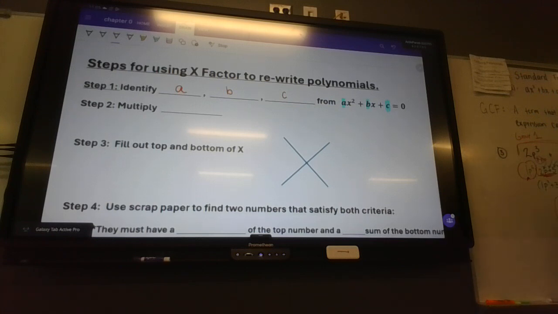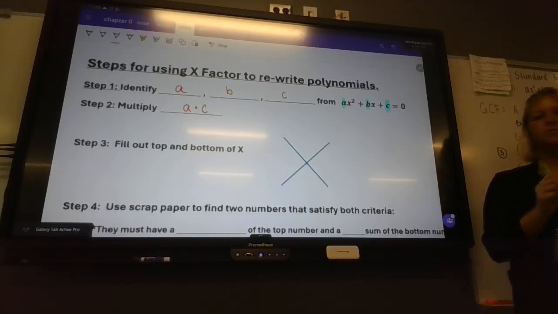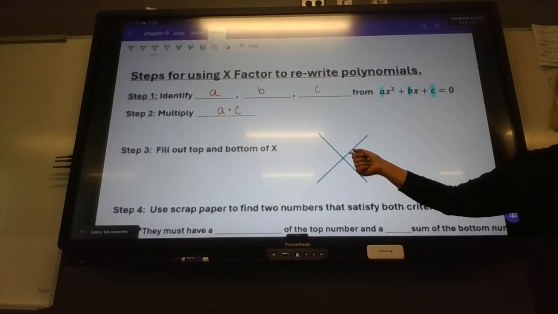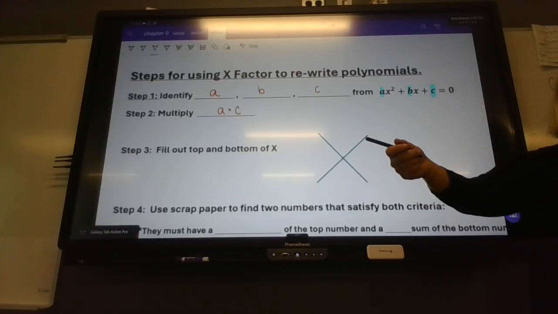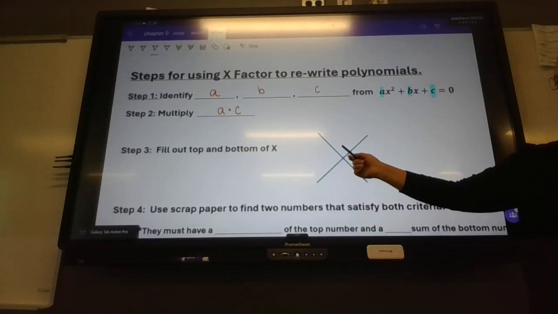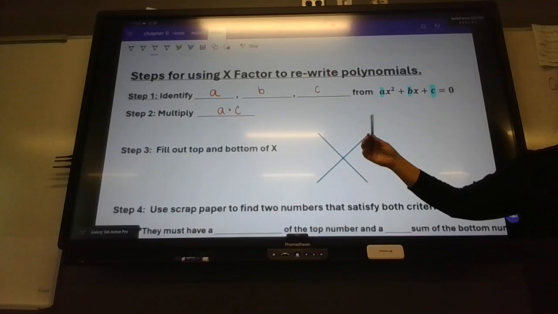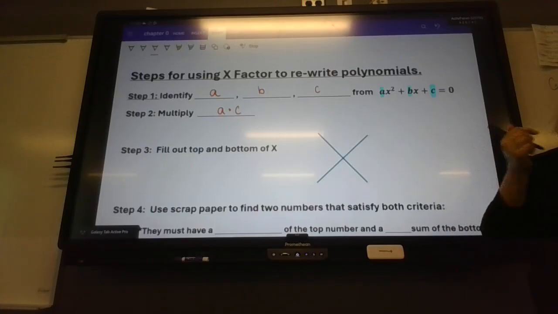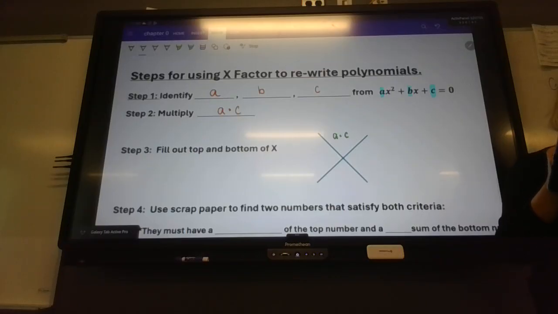Step 2 is to multiply A times C. And then we are going to fill out the X ourselves. So on the handout, y'all just did a great job on working together. The numbers were put in. We're gonna create that and do it ourselves when we're rewriting polynomials. So A times C will go here in the top.